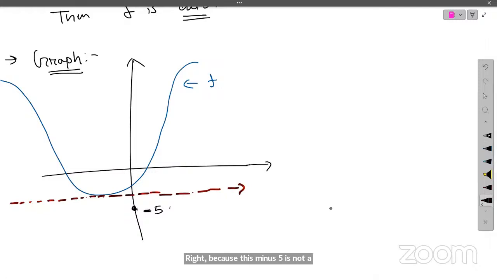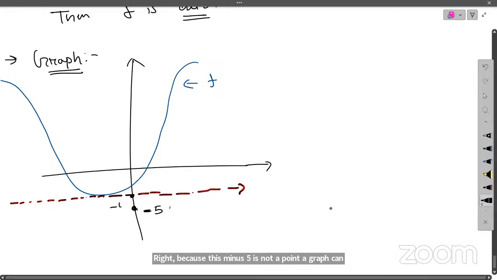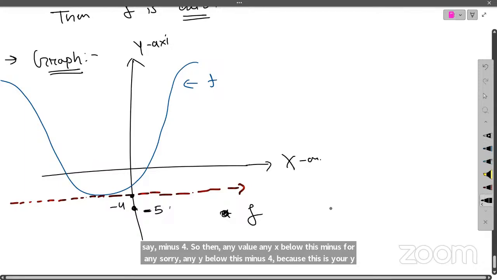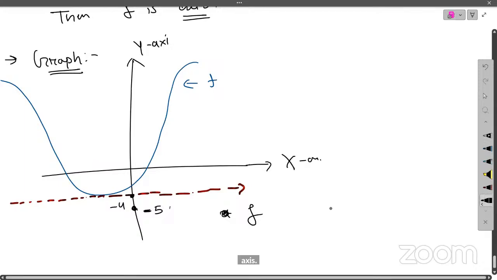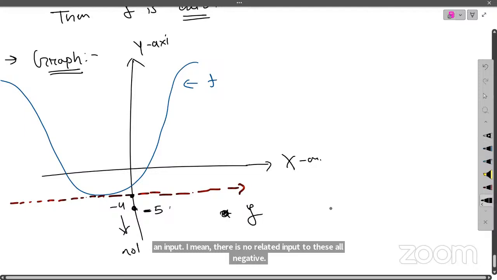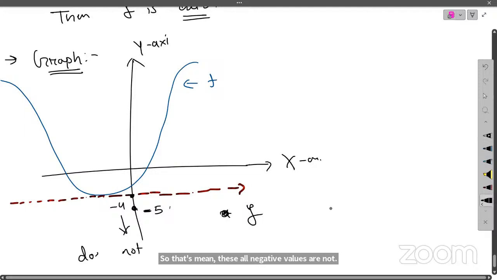Or any point below this, suppose this is -4. Then any y below this -4, because this is your y-axis and this is your x-axis, we cannot associate as an input. There is no related input to all these negative values. So that means all these negative values do not have any preimage.